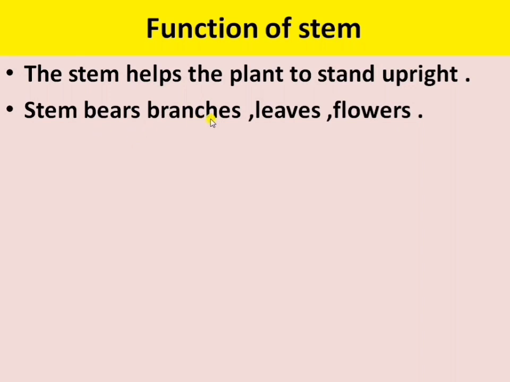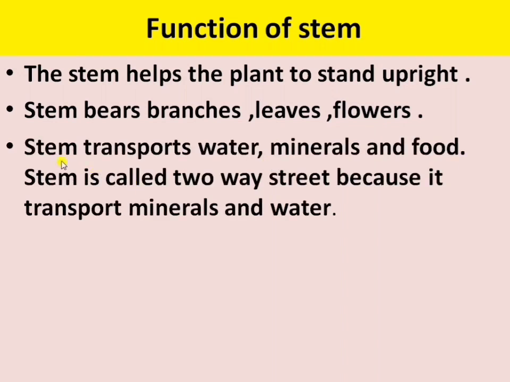The stem transports water, minerals and food. The stem is called a two-way street because it transports minerals and water from the roots to the upper parts of the plant.